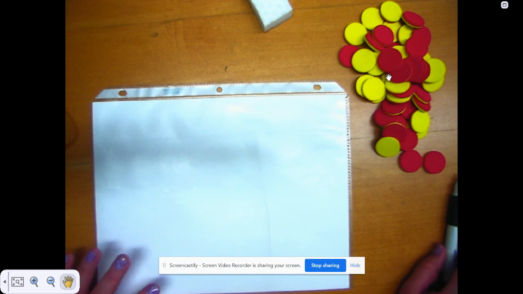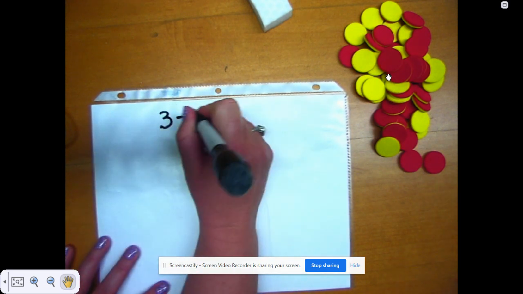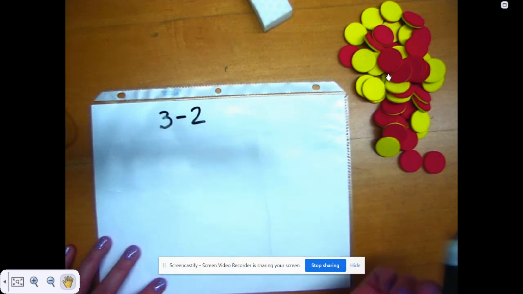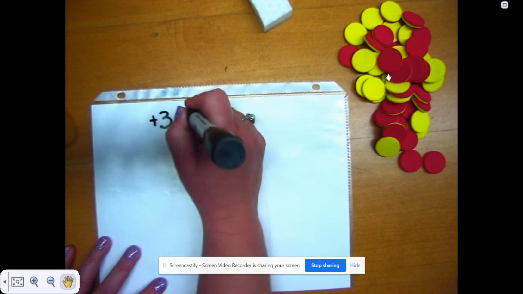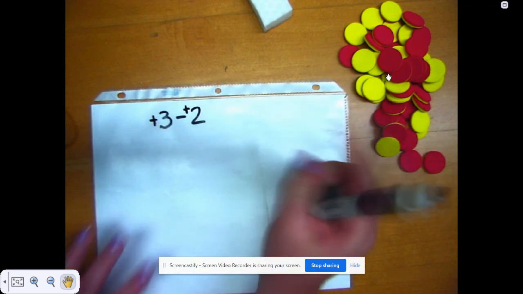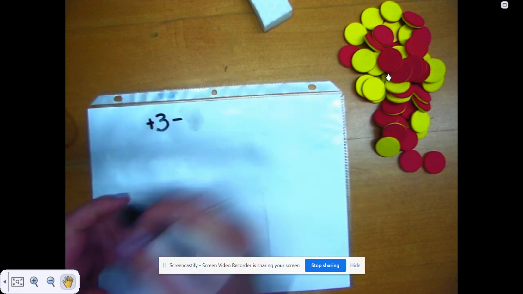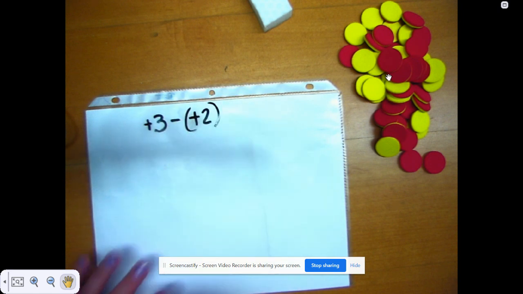Okay, so let's start with something simple, like 3 minus 2. Again, this is not a negative sign. This is a subtraction sign. So this really says +3 minus +2. And I'm going to move that over just a little bit to help us visualize. We're going to model this the same way we would have modeled it if this was addition.